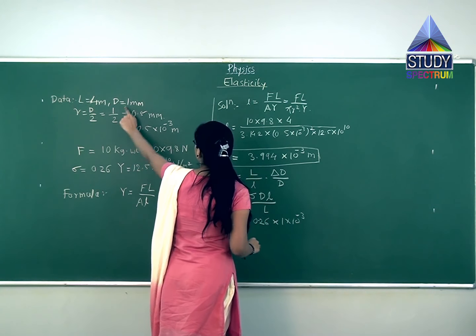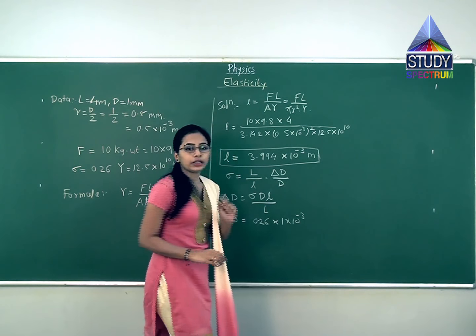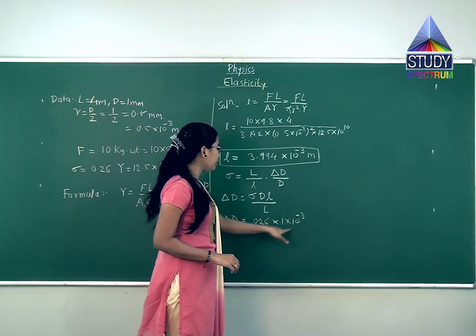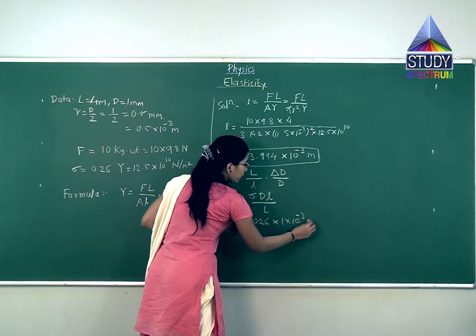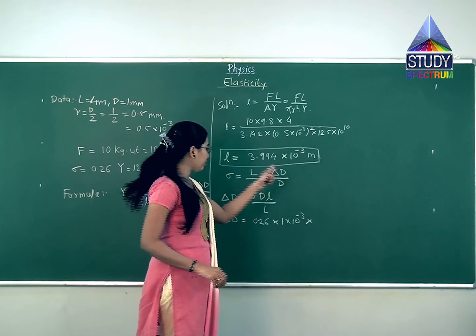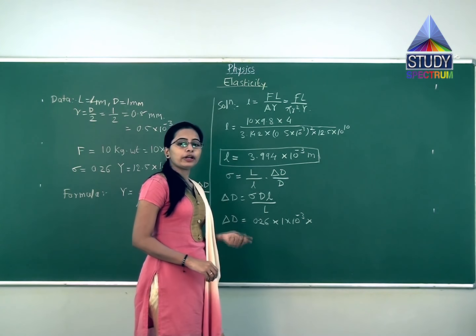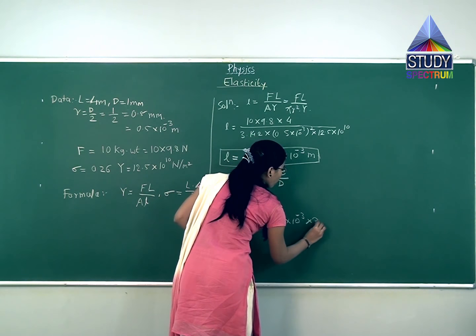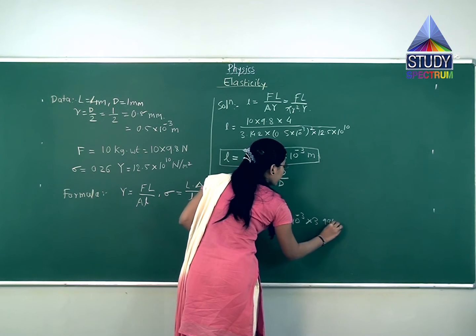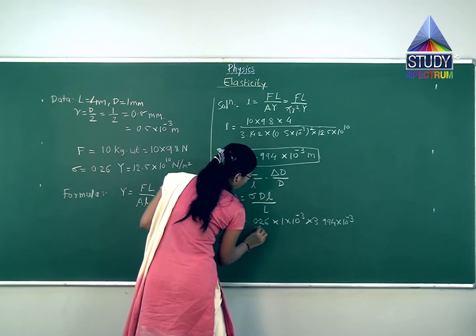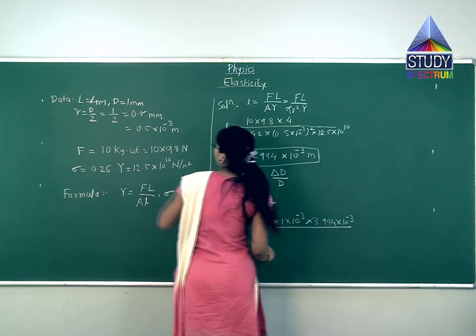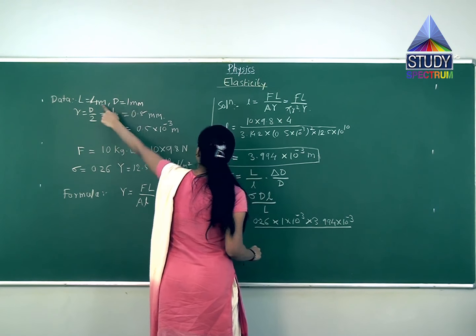Here you can see the diameter was given as 1 millimeter, so I am converting it into meter by multiplying it by 10 raised to minus 3. Then small l that we have calculated now, 3.994 into 10 raised to minus 3, upon the value of L, that is 4 meter.